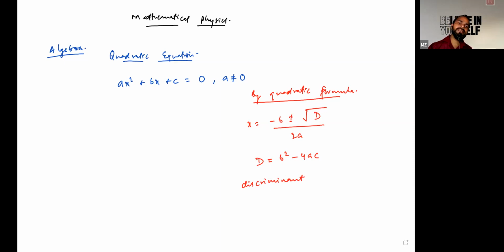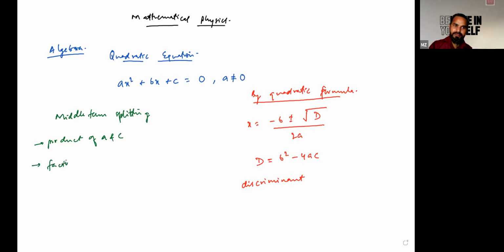Now the next method is by using middle term splitting. For this, we take the product of a and c. Now, taking the product of a and c, we factor them and arrange those factors which equal this particular middle term, that is b.